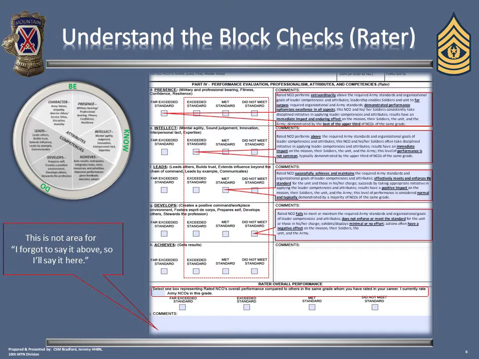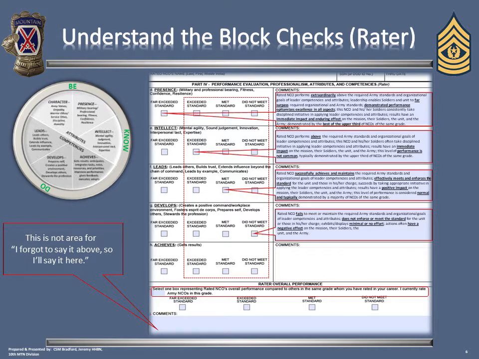The other thing I'd like to highlight, down on the rater overall performance at the bottom there, is that it clearly says it's representing the NCO's overall performance compared to others in the same grade whom you have rated in your career. And then you have to put the number that you currently rate in your current position.